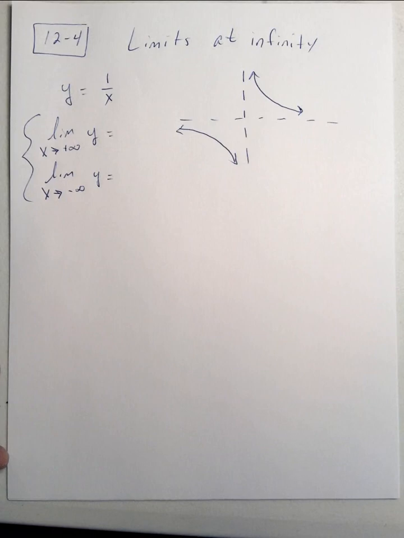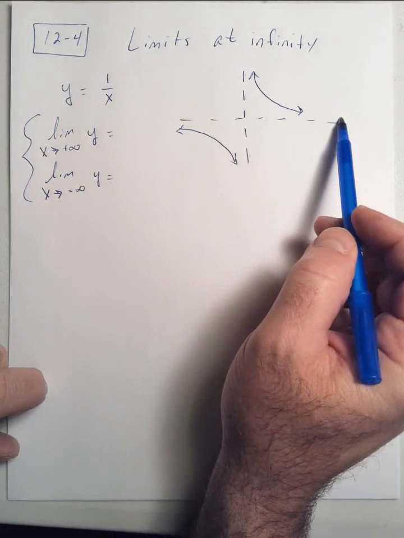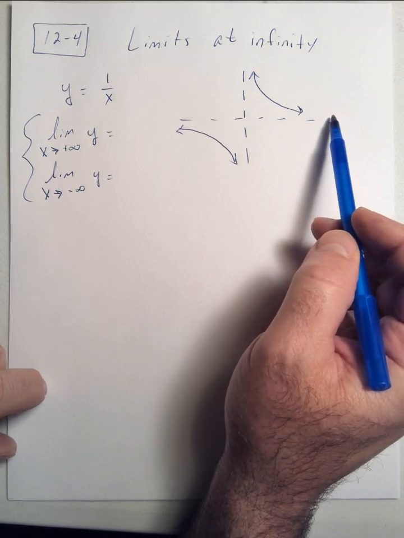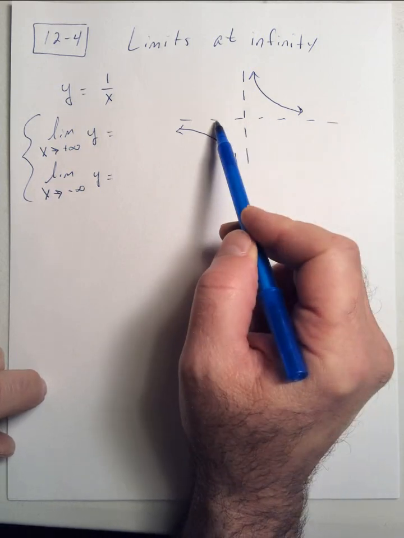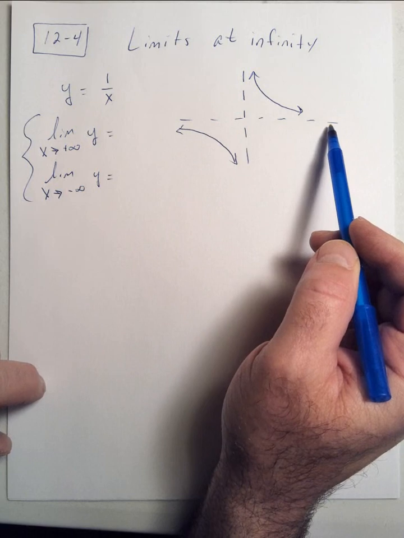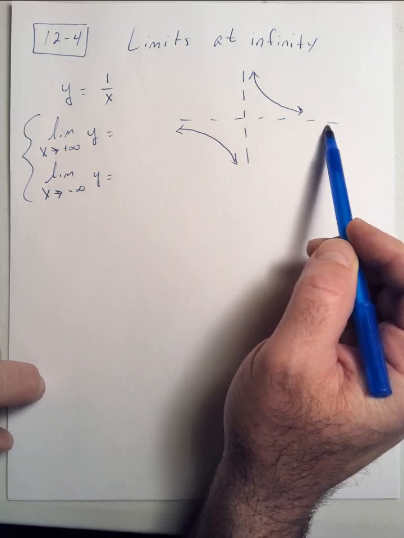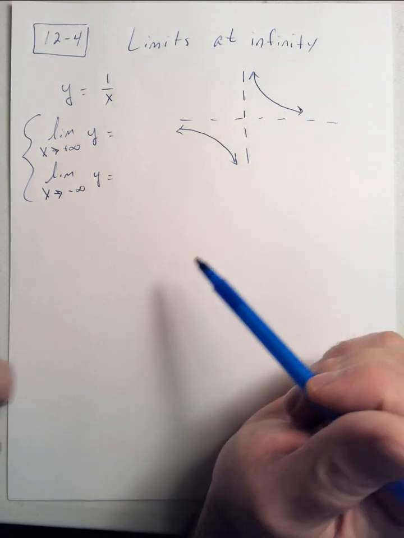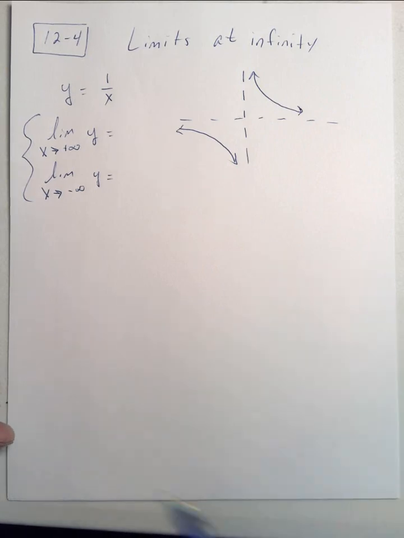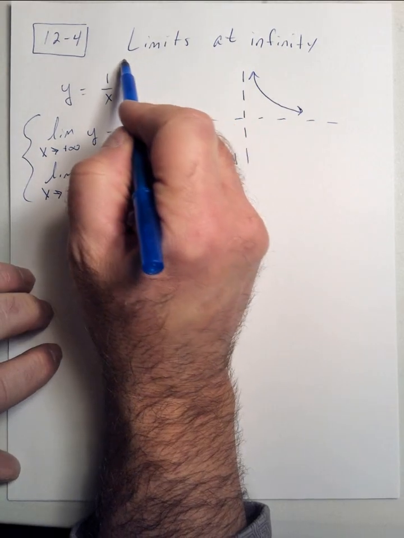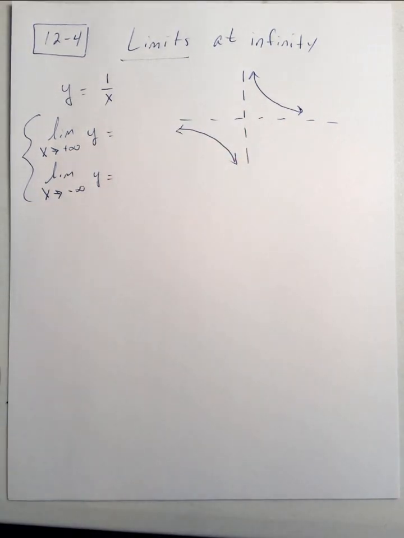So really, when we start talking about limits at infinity, we start looking at horizontal asymptotes. And remember what I told you about horizontal asymptotes. They're really all about end behavior and what's happening. Are we approaching a value, or are we going to positive or negative infinity? And with our work with limits, we understand that to have a limit, we have to approach a value.